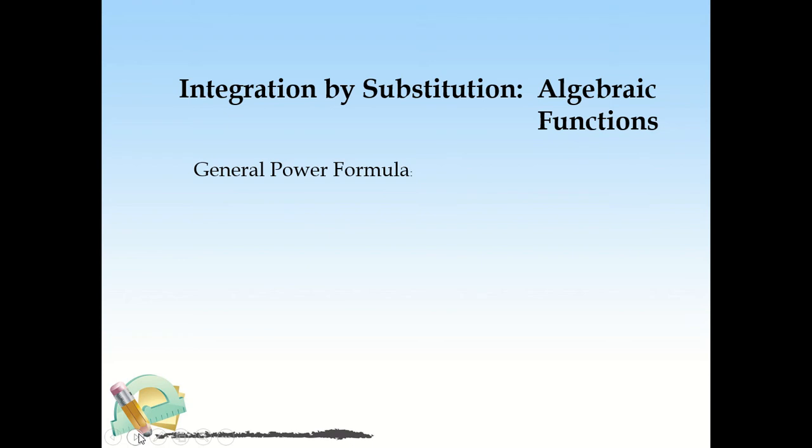Here we have the general power formula. It is just taken from what we had discussed earlier in the basic formula class, but this time we generalize that formula. The general formula is the integral of u to the power n times du equals u to the power n plus 1 divided by n plus 1, plus c.